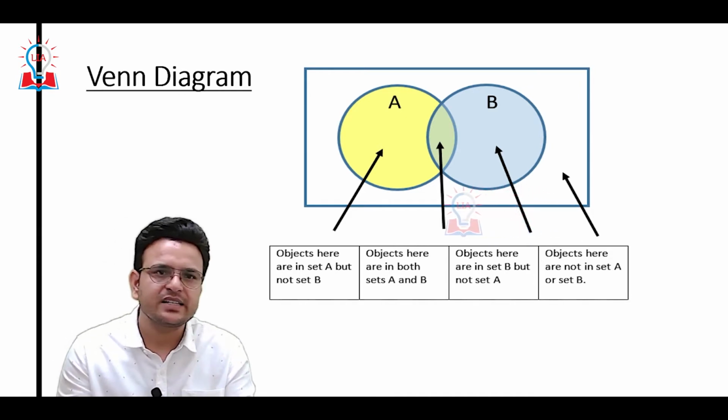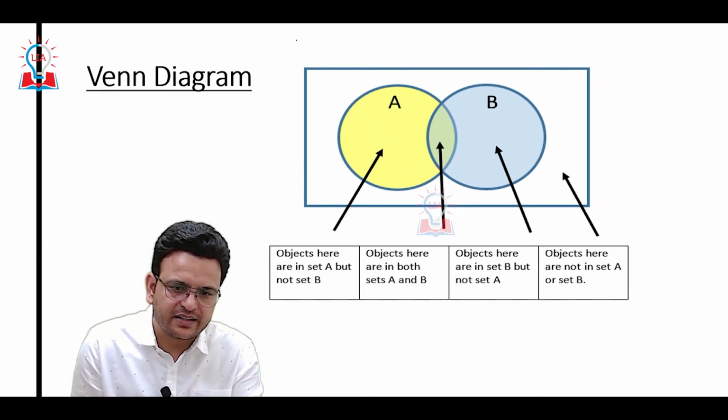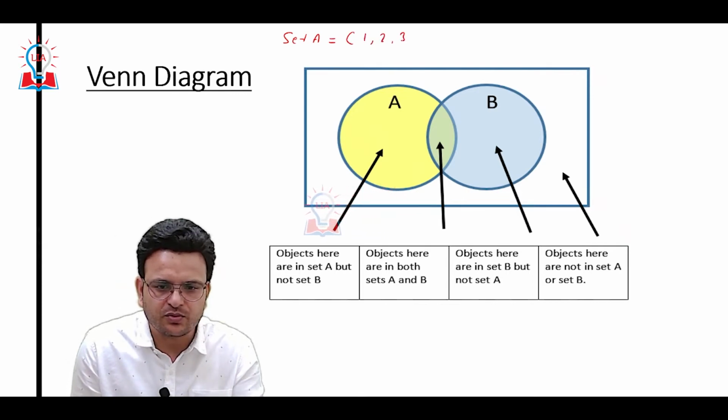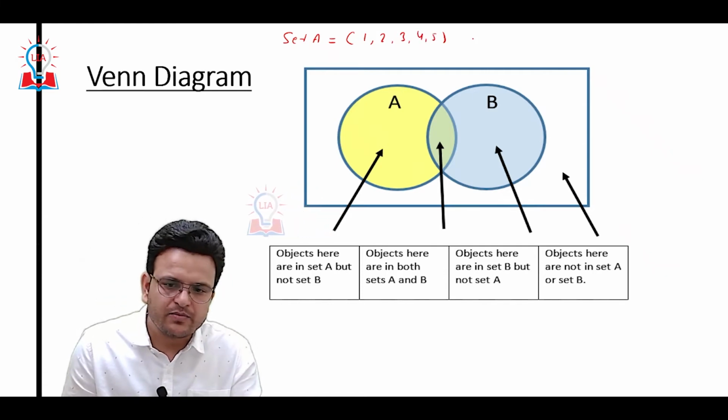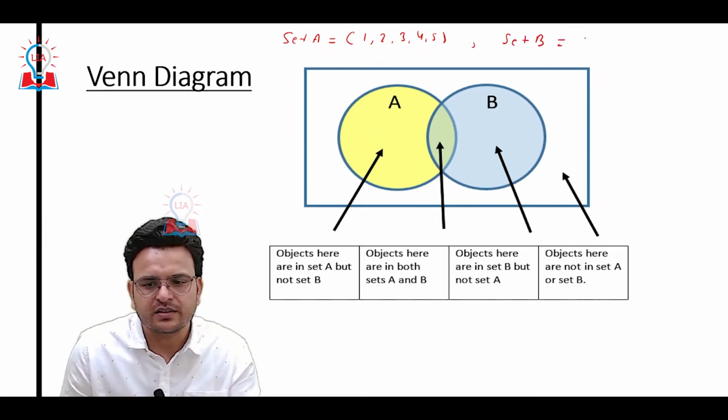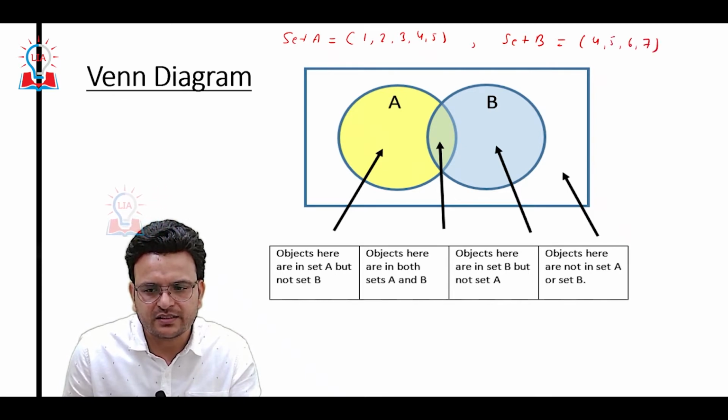Here we can say consider one set A, which includes some numbers 1, 2, 3, 4, 5, and one more set, set B, which includes the numbers 4, 5, 6, 7.